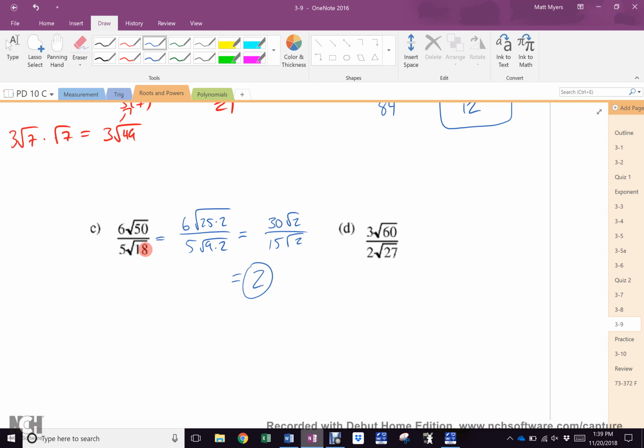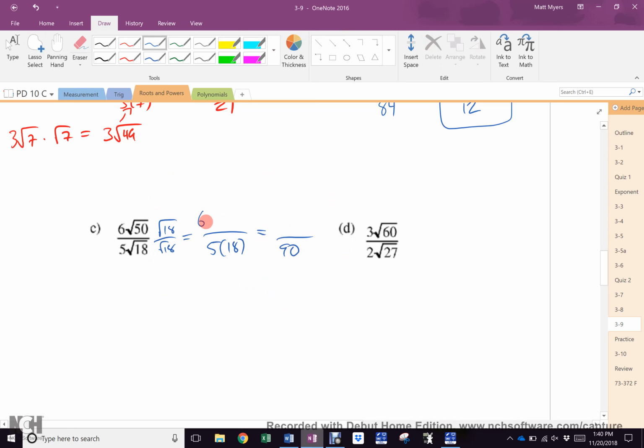Everybody cool? Now, if you just learn steps, then that thing that took us 2 steps when we're thinking about it, don't write this down, would look like this. Root 18 times root 18, that's going to be 5 times 18, which is going to equal 90, and that's going to be 6 root 900.